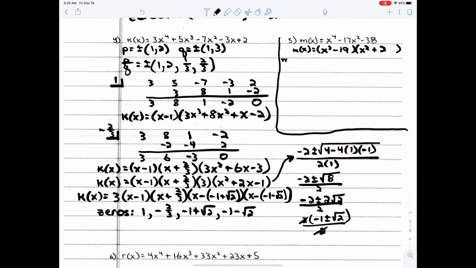Okay, so then we'd have m of x equals x minus square root of 19 times x plus square root of 19, and x plus square root of 2i, and again, why do we need the i? Because there's a plus right there. And x minus square root of 2i.